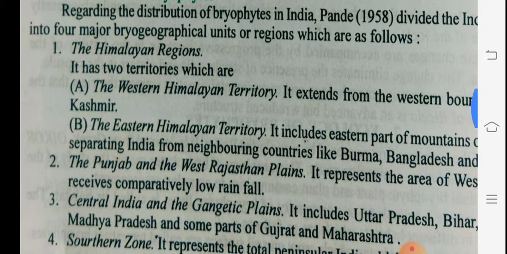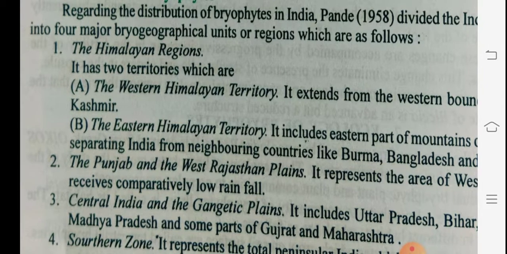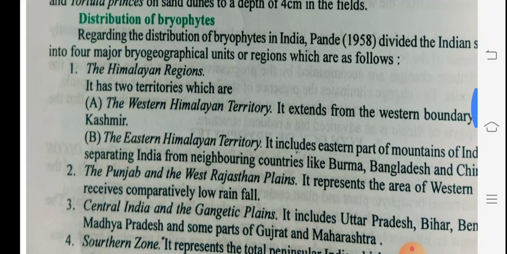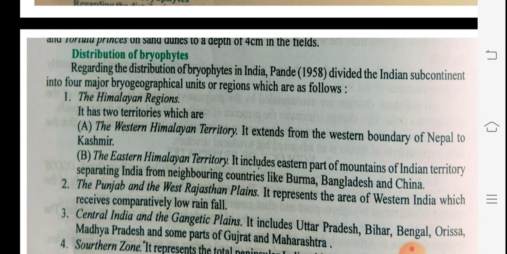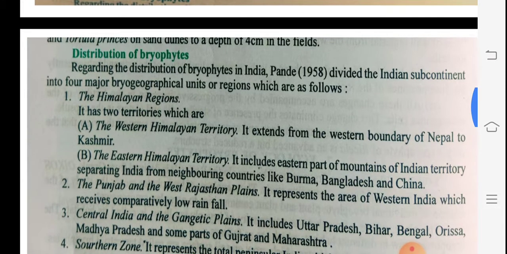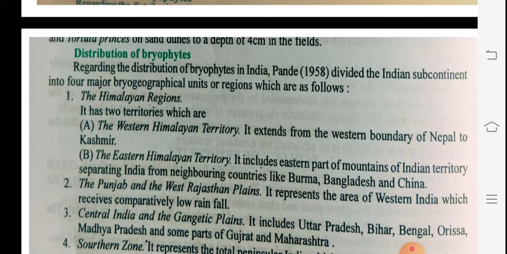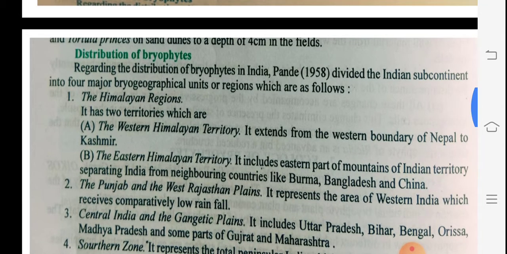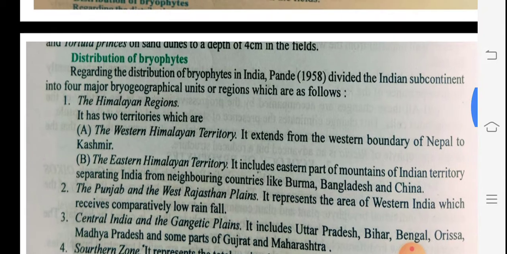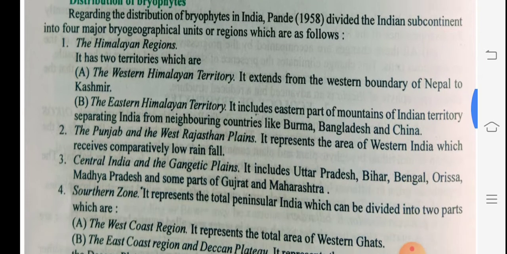After the Himalayan, the second one is the Punjab and Western Rajasthan plains. It represents the area of Western India, where low rainfall is there.